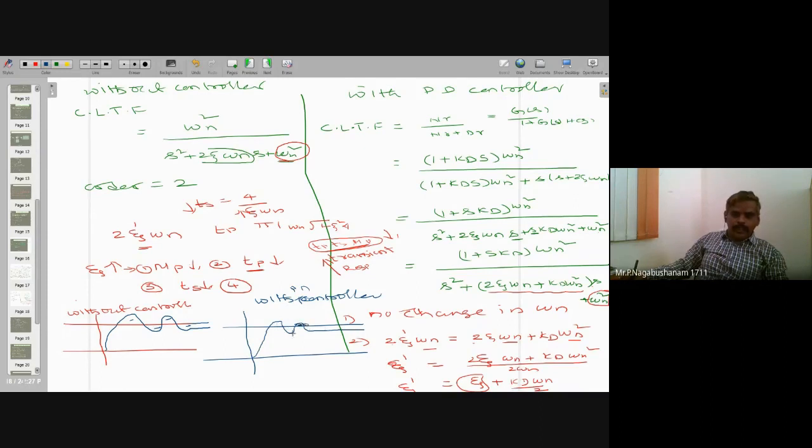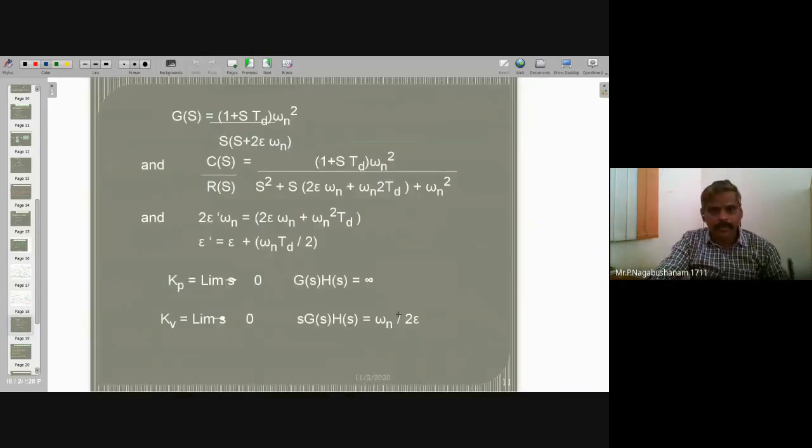Otherwise, sometimes the error itself may start positive, negative, and then move like this. But there won't be any change in the steady state. If it is an ESS, it is also ESS, because it will not affect the steady state response. Those are the points. Let me give the theory part about all these derivations now.